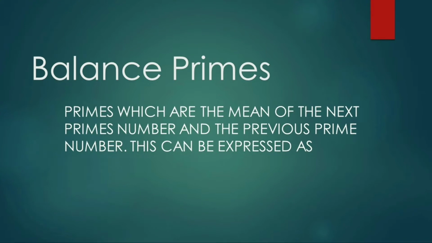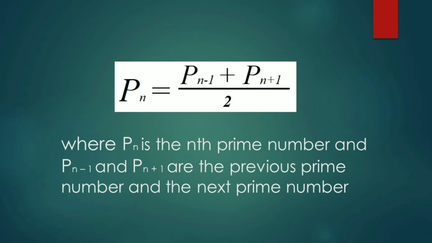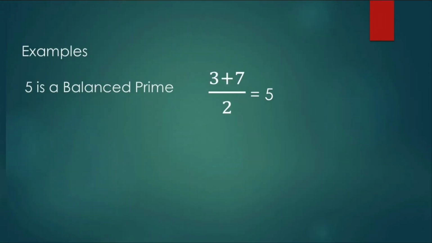Balanced primes. These are primes which are the mean of the next prime number and the previous prime number. This can be expressed as p sub n equals p sub n minus 1 plus p sub n plus 1 over 2, where p sub n is the nth prime number and p sub n minus 1 and p sub n plus 1 are the previous prime number and the next prime number.